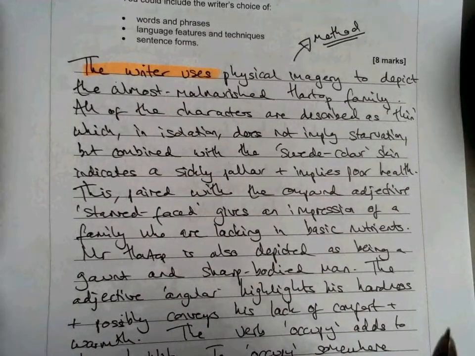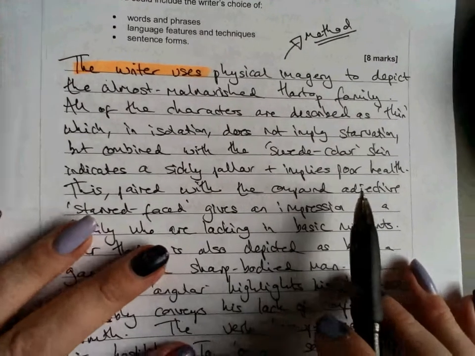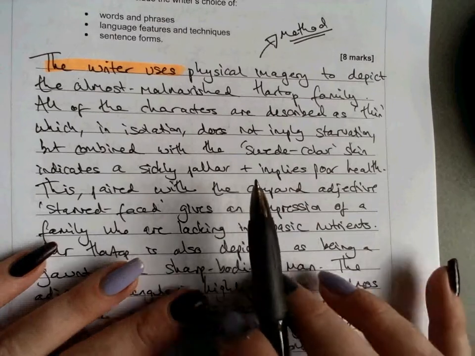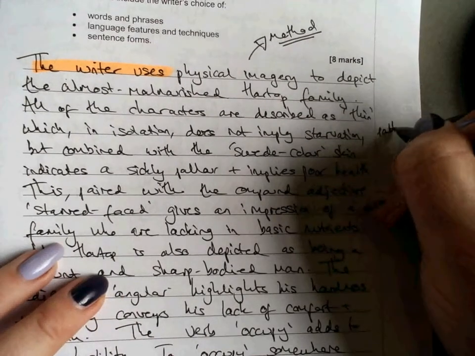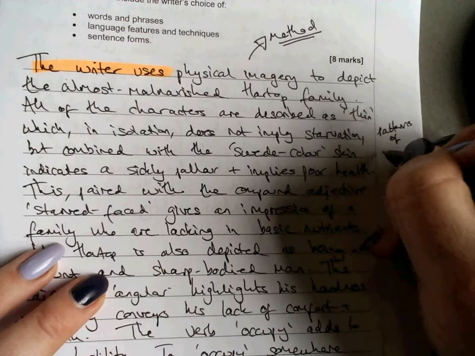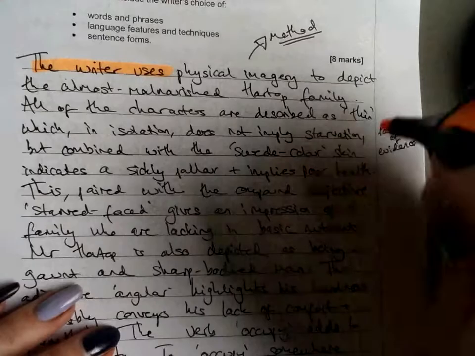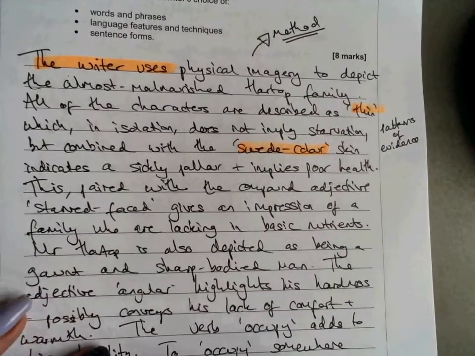All of the characters are described as thin, which in isolation does not imply starvation, but combined with the swede-coloured skin indicates a sickly pallor and implies poor health. Pallor is just your skin tone. I've got patterns of evidence here, and it's always good not just to use one, but to back up what you're saying with 2 different things.